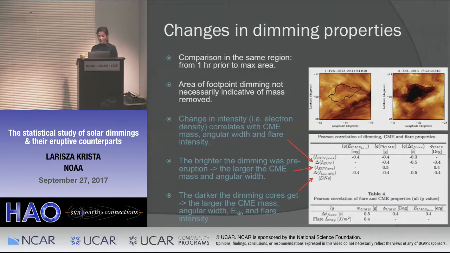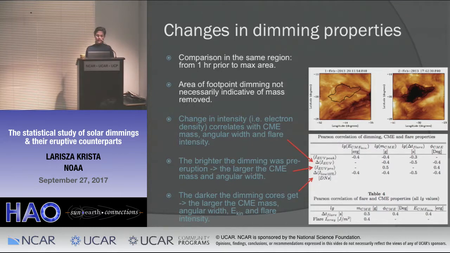What we actually found is that it's the intensity change inside the dimming that correlates with the mass and other properties of the CME and flares. So when we compare the intensity change overall, the intensity change correlated with the CME mass, angular width, and the flare intensity.